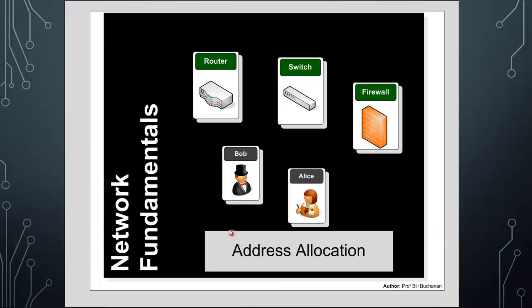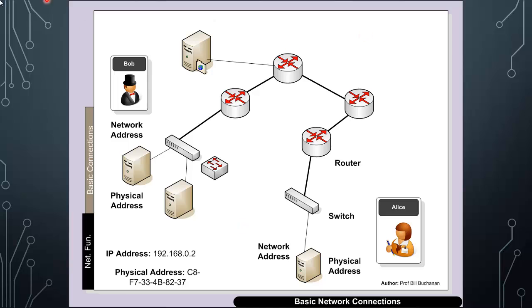So let's have a look at how we can allocate these IP addresses, and obviously we want to make it as simple as possible for computers to join onto the internet. Here's a sample infrastructure. We have these routers here, and these routers will route the data packets across the network in an optimal way.